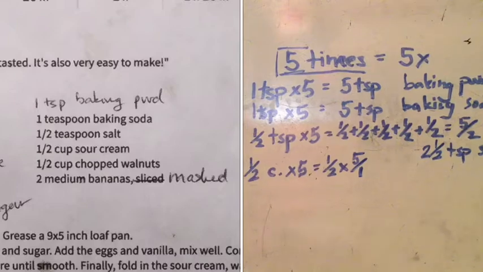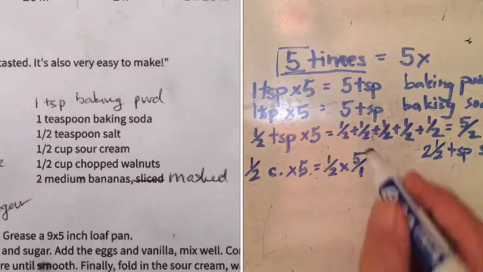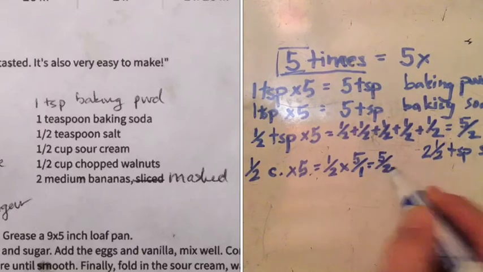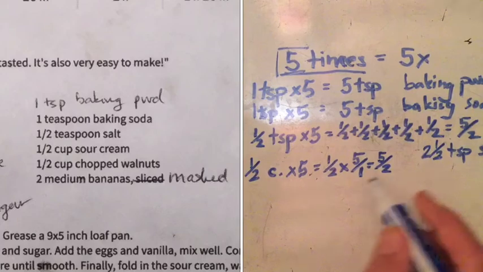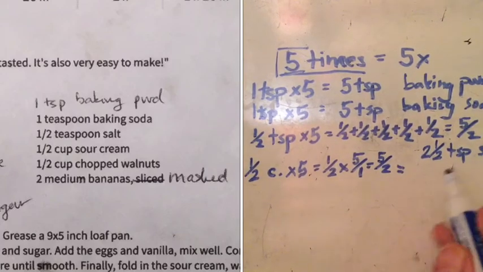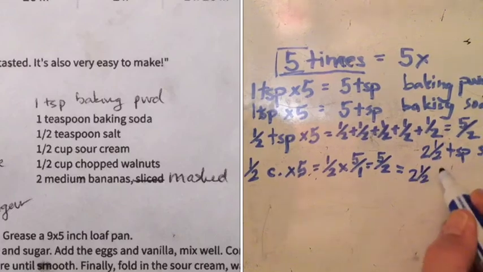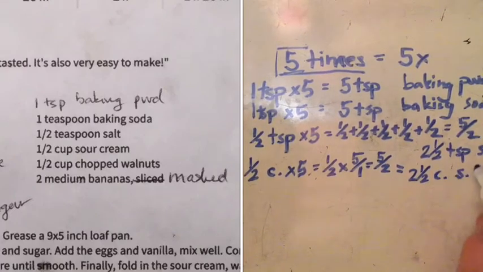And 5, boys and girls, is the same thing as 5/1, which is 5 wholes. And we multiply that to get 5 halves, which is the same as we have over here, which would equal 2 1/2 cups sour cream.